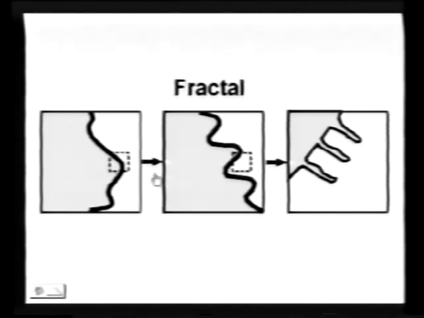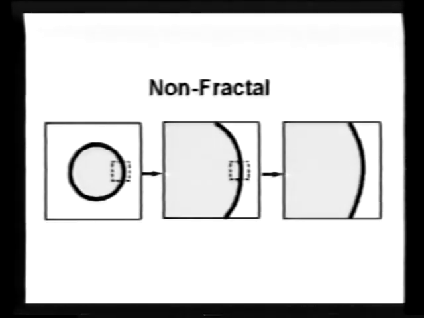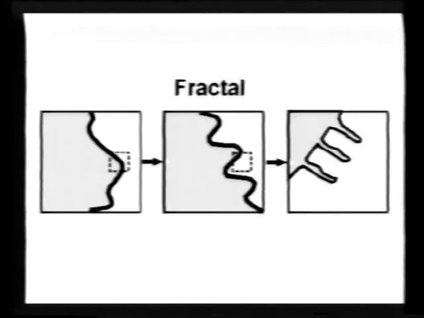So for example, if we had something that might be the lining of the intestine, if we enlarge it, you would think that this area which looked sort of smooth will look even smoother, because that's the situation we saw here. Here we have something that looks a little bit curved. When we looked at higher magnification, it looks less curved because we're seeing a small piece of it. But in terms of the intestine, when we look at something that looks a little bit curved, when we enlarge it, it doesn't look smoother.